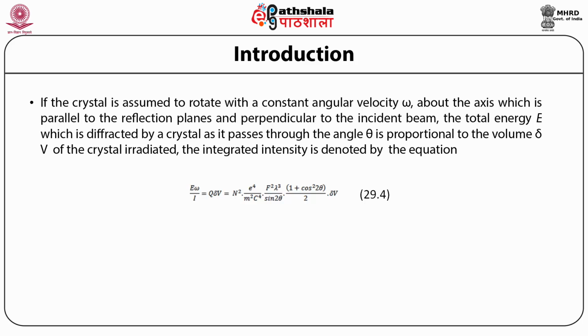The integrated intensity is denoted by equation 29.4: E omega over I, which is equal to Q times delta V, which is equal to n square times e power 4 by m square c power 4 times f square lambda cube over sin 2 theta times 1 plus cos square 2 theta over 2 times delta V.